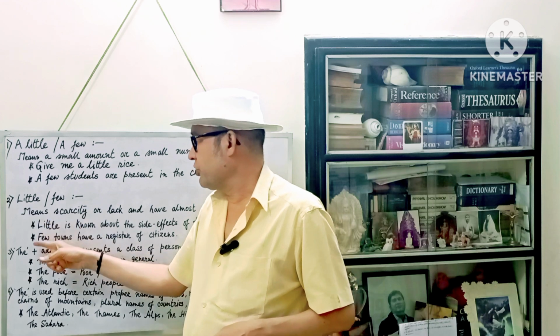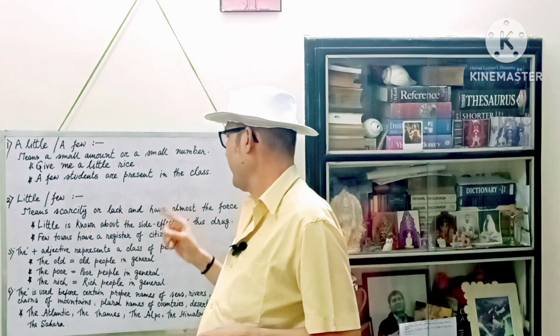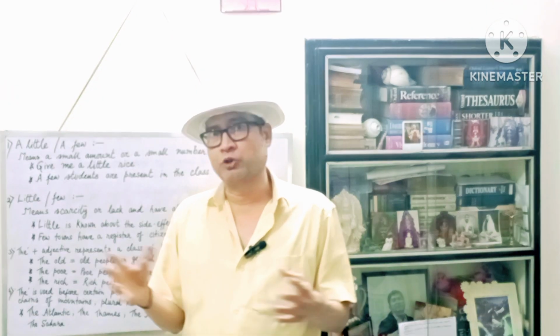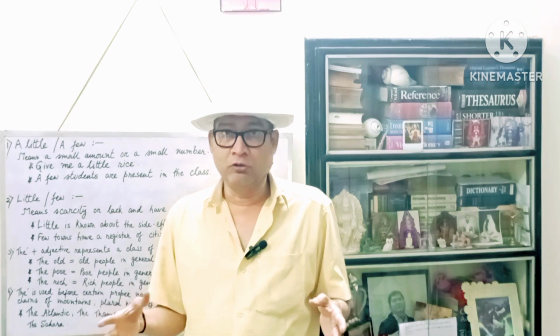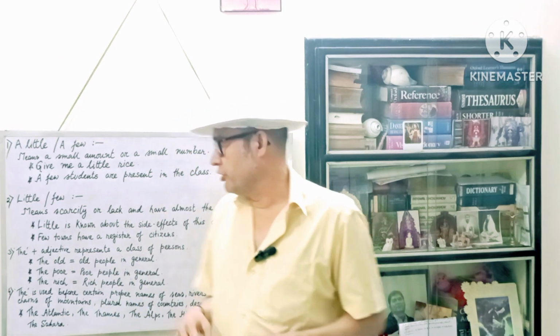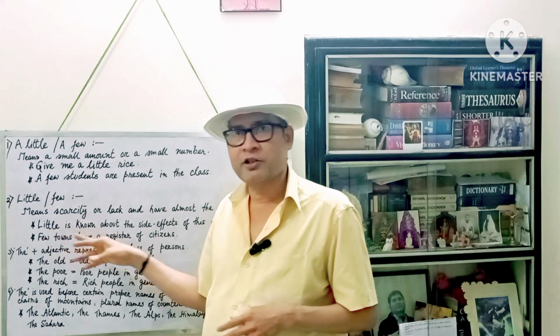Look at these example sentences. Little is known about the side effects of this drug. A certain drug is there, it has not gone through the preliminary experiments, therefore people do not know about the side effects of this medicine. So little is known means almost nothing is known.